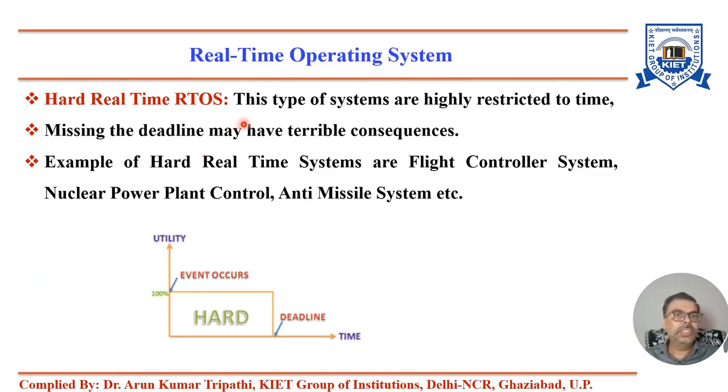So, coming to the definition, this type of system is highly restricted by time. Missing the deadline may have terrible consequences. Examples of hard real-time systems are the flight control system, nuclear power reactor system, anti-missile system, etc. In a nanosecond, if an anti-missile system misses a missile, that missile can destroy a particular location or geographical area.